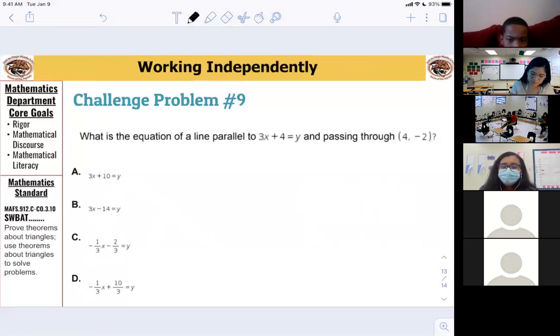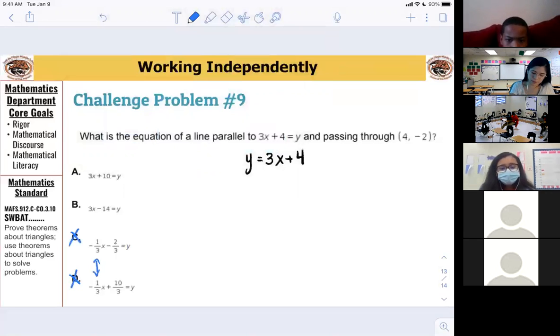It's mx plus b equals y. They just wrote it backwards. So the slope has to be the same. Which ones are out? C and D, which would be perpendicular, not parallel.